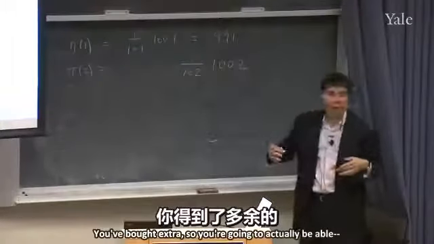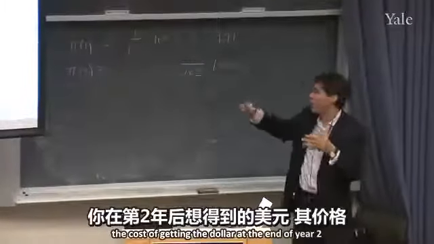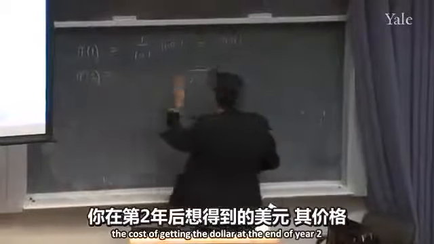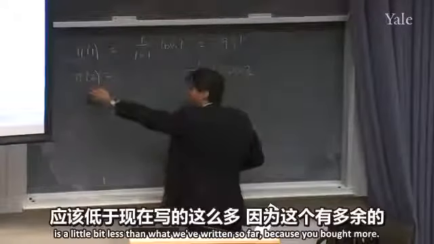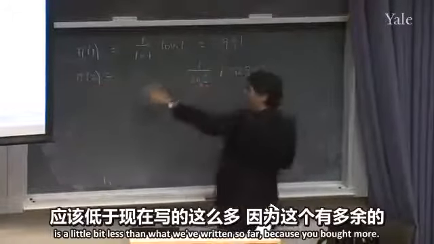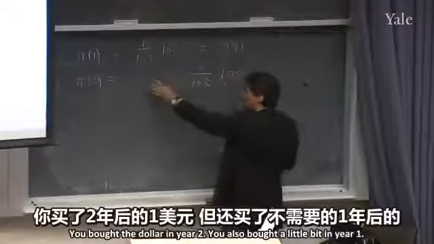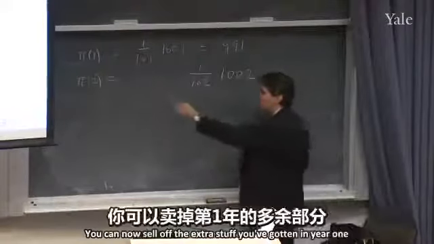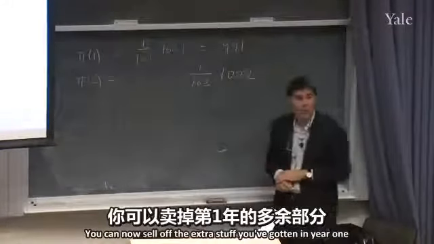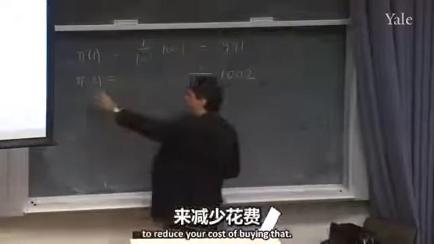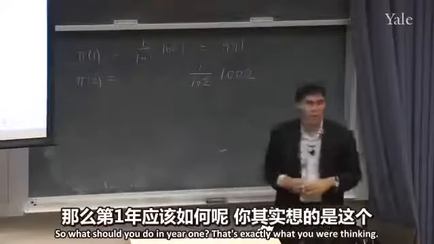The cost of getting the dollar at the end of year 2 is a little bit less than what we've written so far, because so far this is buying too much. You bought the dollar in year 2, and you also bought a little bit in year 1. You can now sell off the extra stuff you've gotten in year 1 to reduce your cost. So what should you do in year 1?